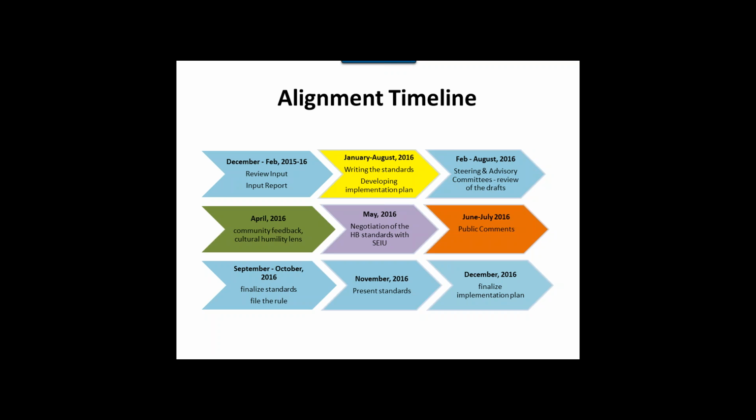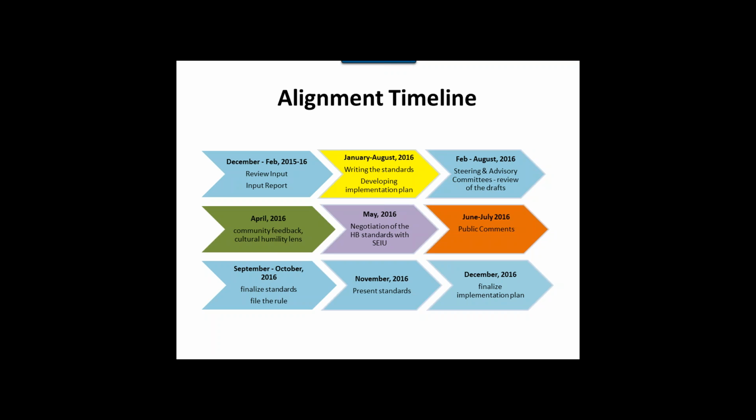This phase of the work will lead us into more intense work at the community level in the spring. So I've now moved on to that second row, where there will be additional opportunity for community input and community feedback. Also in the spring, there's an expectation of some negotiation around standards with SEIU.